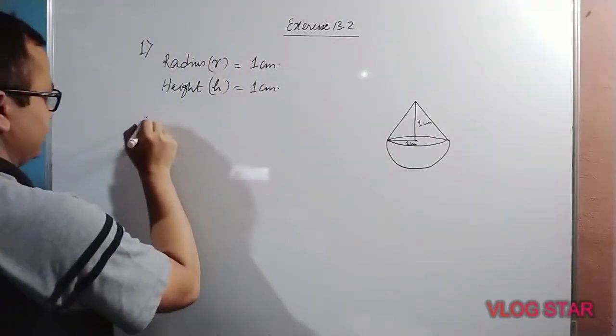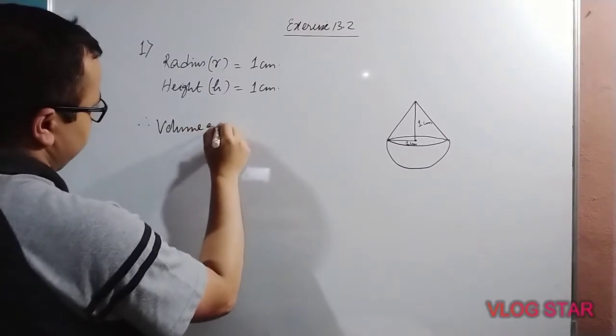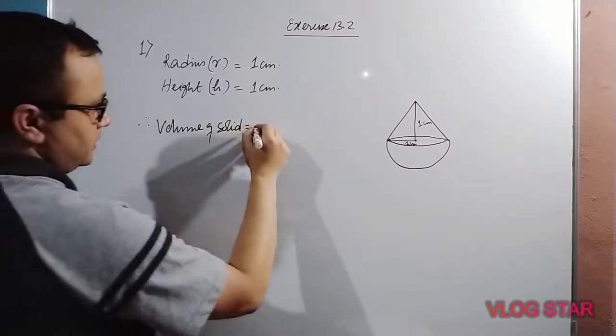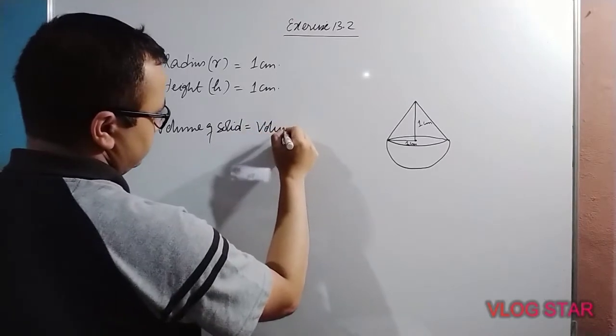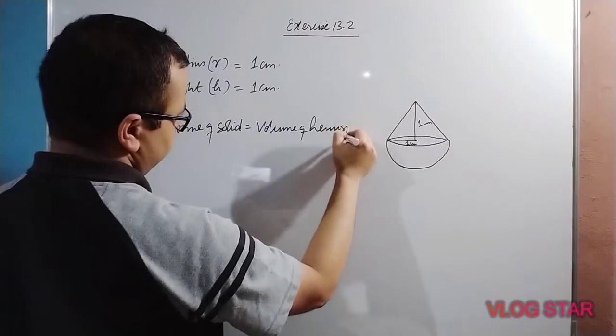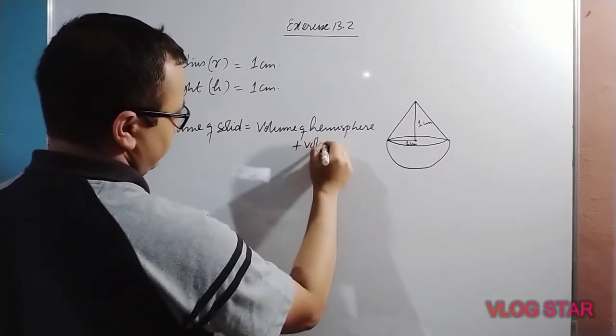Therefore, volume of solid will be volume of hemisphere plus volume of cone.